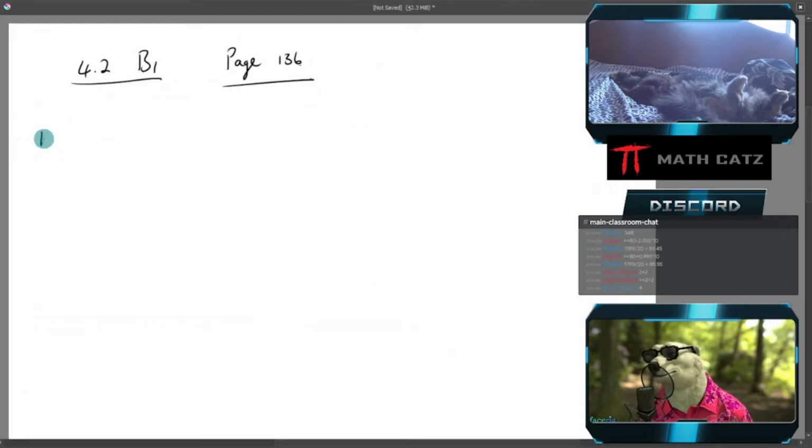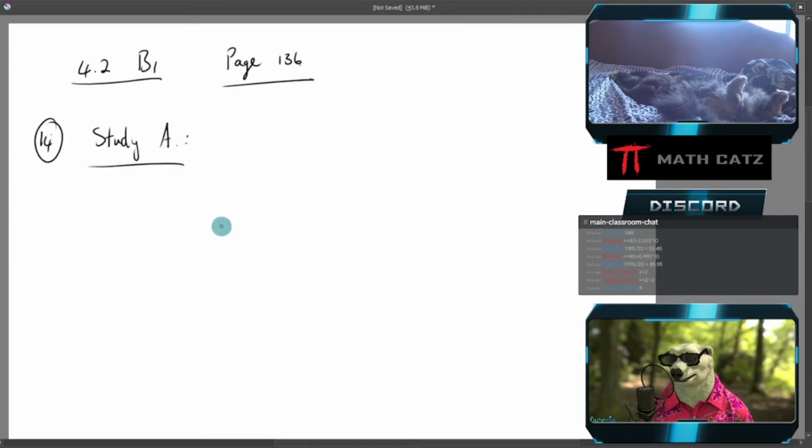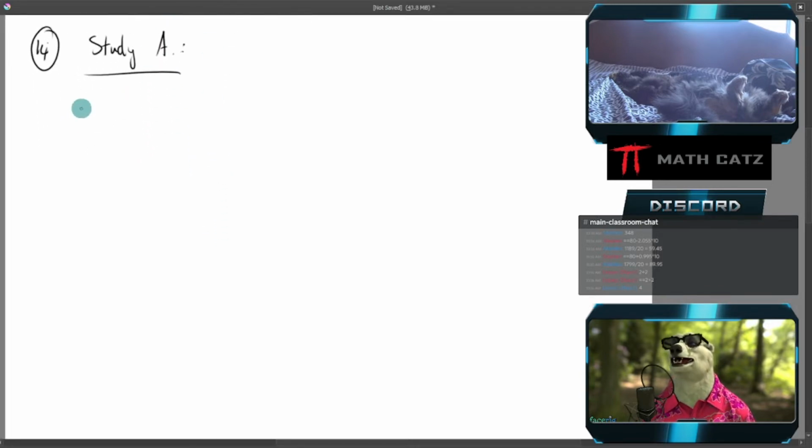Let me say here number 14 is what we're doing. Study A, like so. So our null hypothesis, if you want to just write it down, is we're testing if our population, let's call it population 1, does in fact have a population mean of 5, and then our research hypothesis.